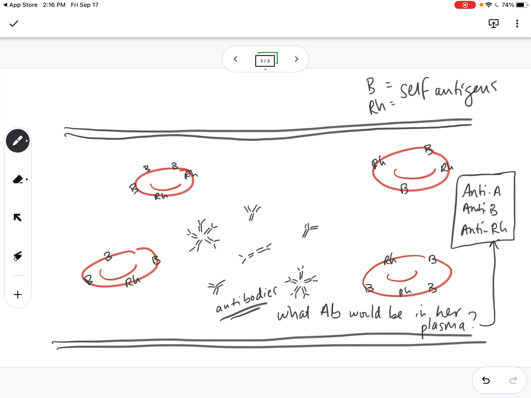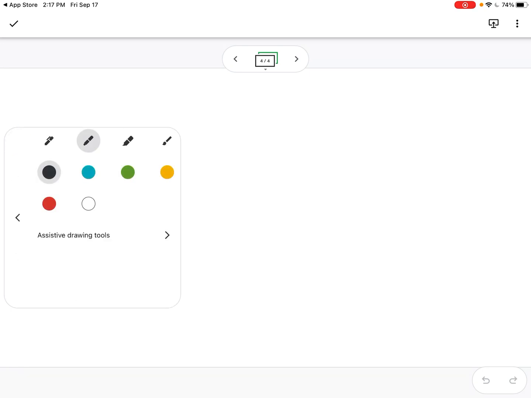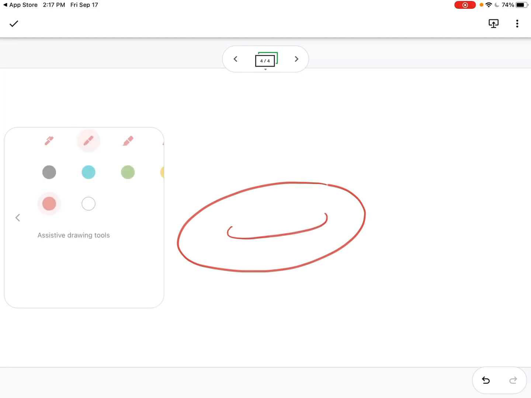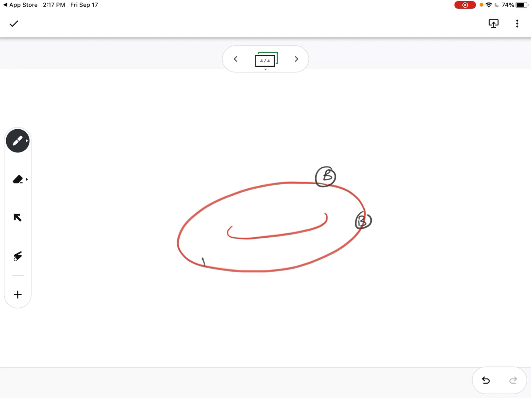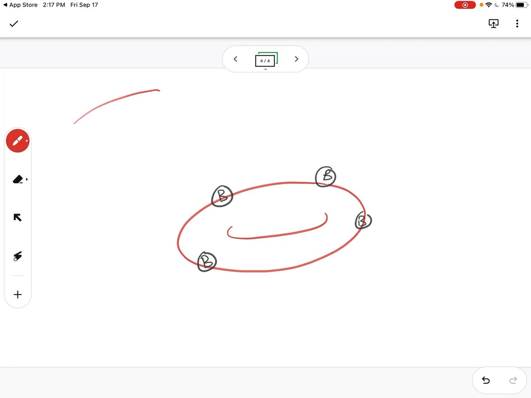So what we want to think about here, after you've thought about that for a little bit, is to picture the conflict. If we've got a red blood cell here, and we have B antigens sitting on the surface of this cell, now the problem that's going to happen, I'll draw you an illustration. Here's another one of her red blood cells.